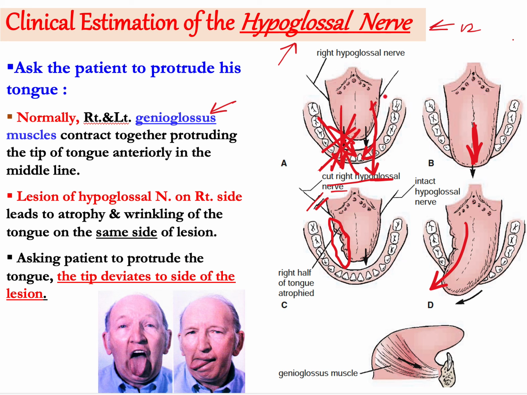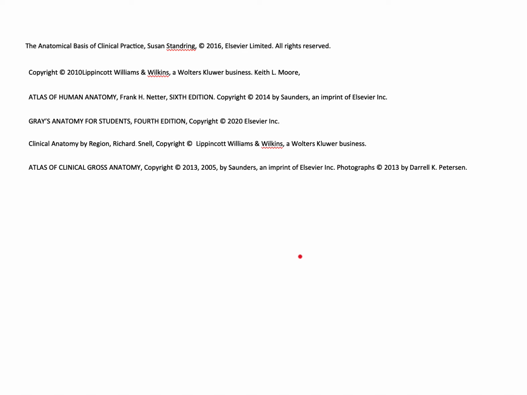So the left genioglossus muscle will now effectively work to protrude the tongue outside, but shifted toward the right. So there is no resistance from the right side, right? So the tongue will be protruded to the right side. So this is also important.